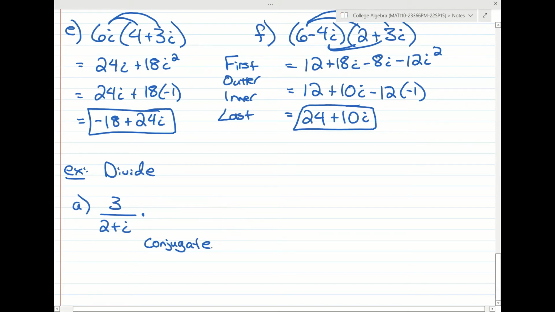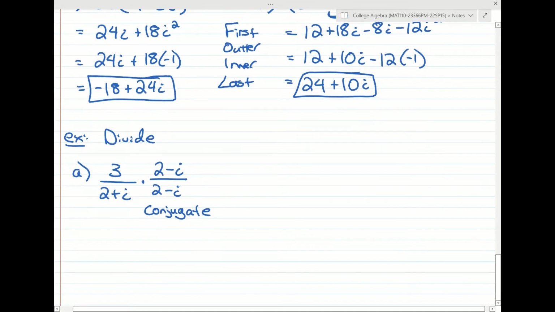So instead of having 2 plus i, we're going to multiply by 2 minus i. We're using the conjugate as a way to get that radical to cancel out with the two middle terms. It's a pretty clever thing here.